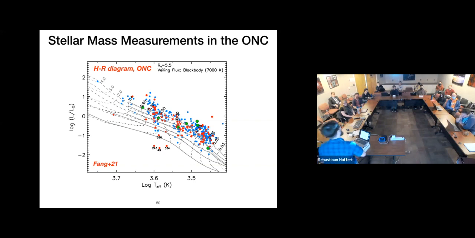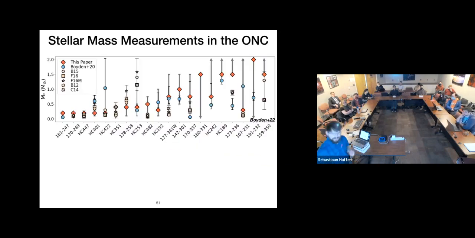It's a cluster member that is very subluminous compared to all the other cluster members in the ONC with the same spectral type. So we think there's something going on with the spectroscopic data for this source in particular, something like maybe a highly inclined disk obscuring starlight from this source and affecting the spectroscopic stellar mass measurement. So we think that is why there's such a big discrepancy for that one source, because of potential issues with the spectroscopic data.